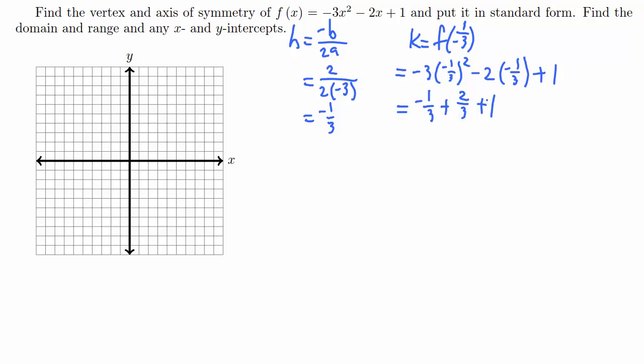So now we have 1 plus 2/3 minus 1/3, but 2/3 minus 1/3 is just 1/3, plus 1 is 1 1/3, or 4/3. So that means that the vertex in this problem is negative 1/3 and positive 4/3.